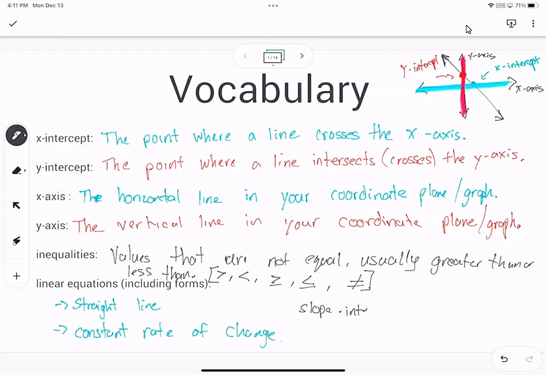This is one of the most common forms you see it in, which is y equals mx plus b. And then we have our standard form, which is ax plus by equals c. Now, these are both linear forms. They're just written in different ways.